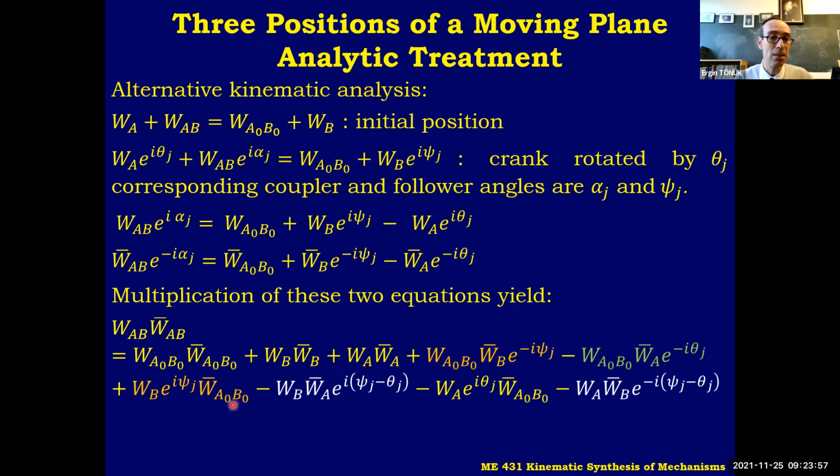W B bar, e to the i psi j minus e to the i psi j, W bar A0 B0, W A0 B0. So this and that are complex conjugate of each other in addition, okay? These two.